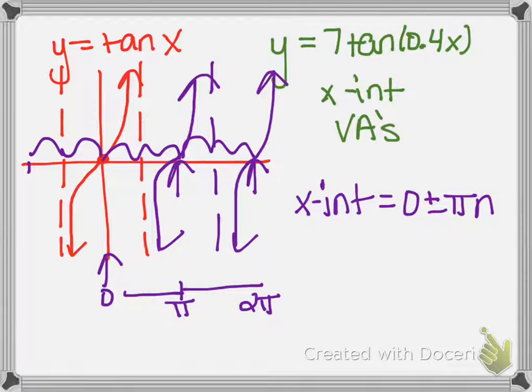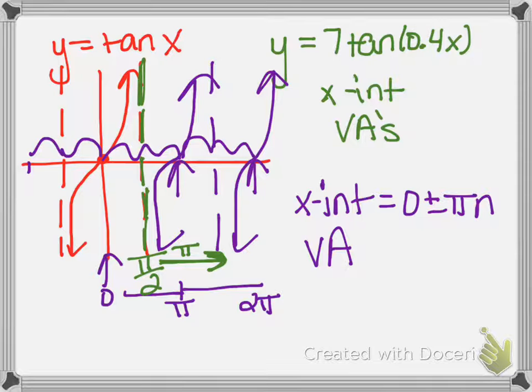The original pattern for the vertical asymptotes, you would pick one to start with. I will tell you that typically the one we start with is this first one right here. And that first vertical asymptote occurs at pi halves. But then because tangent repeats itself every pi units, that means you go pi units in this direction and you'll be at another vertical asymptote. If you go pi units in this direction, you are now at 3 pi halves.